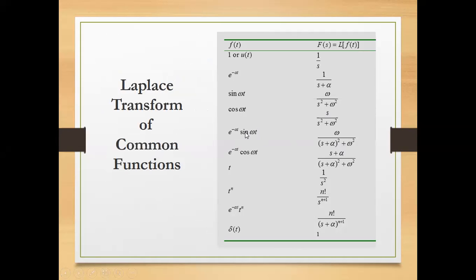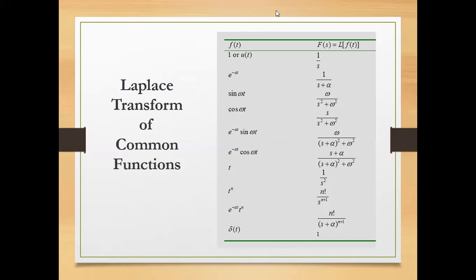If this is negative, the original sine and cosine functions you have will become hyperbolic sine and cosine functions. Okay, take note of that.